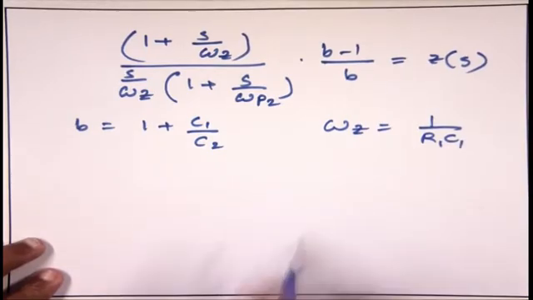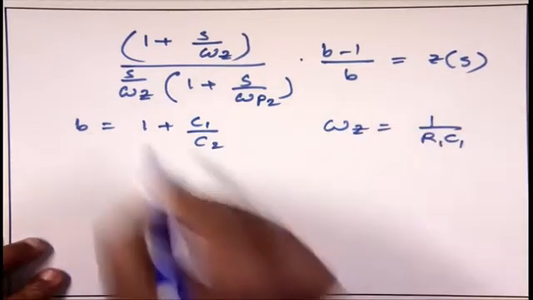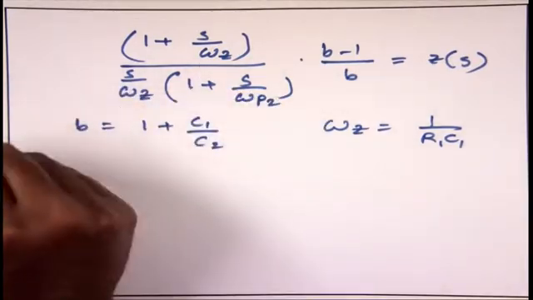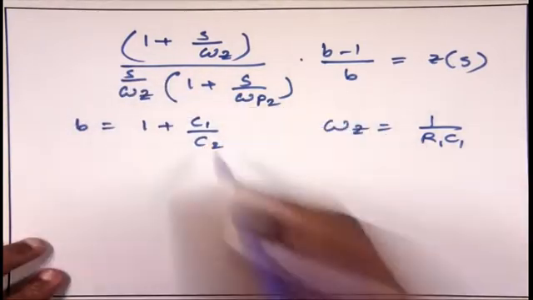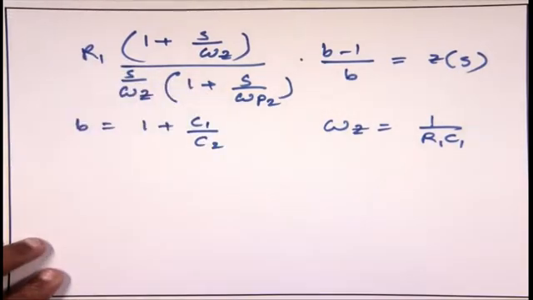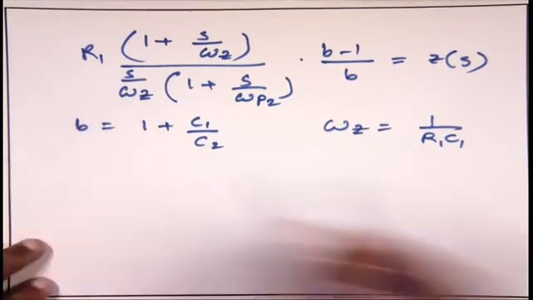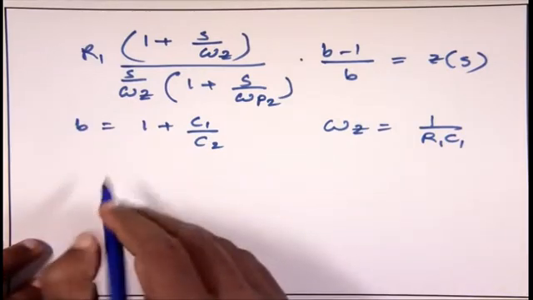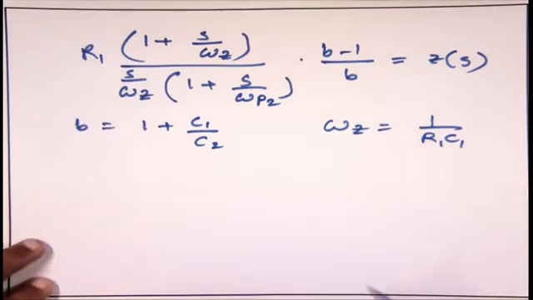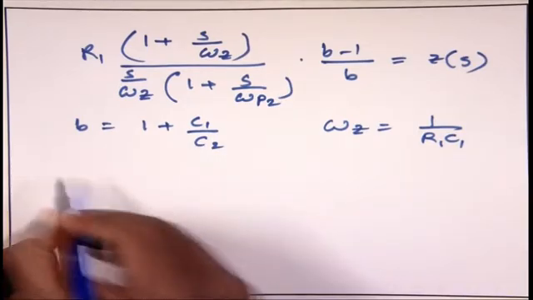So the complete transfer function, if it is multiplied by R1, is a constant factor, R1 being the resistance. If you multiply it with the other factors like ICP by twice pi, you will have the complete open loop transfer function.